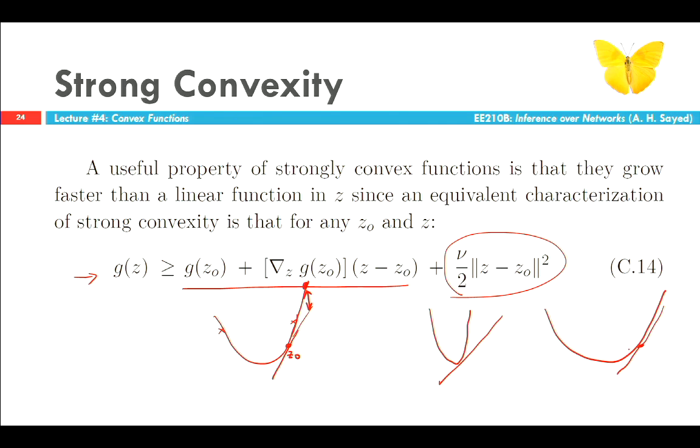Because for this distance to grow quadratically with z minus z0, the function has to look more like this, with a sharper focus at the minimum. So this property is explaining the behavior you observed in the previous plot. Okay. Very good.